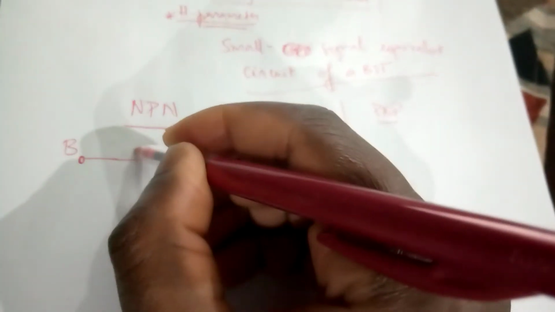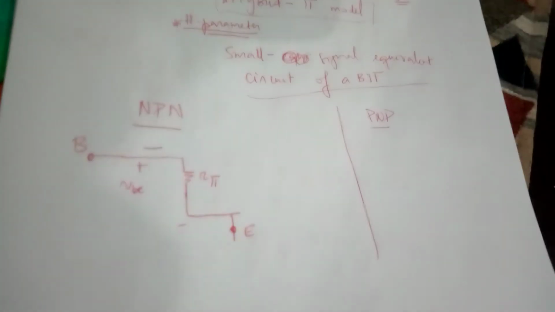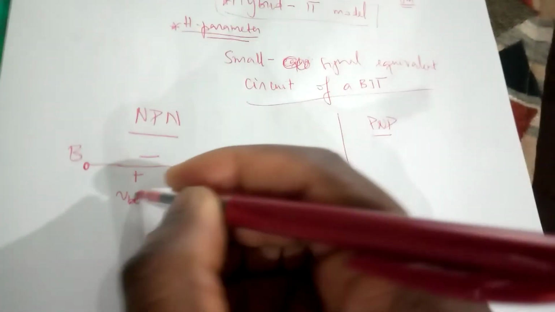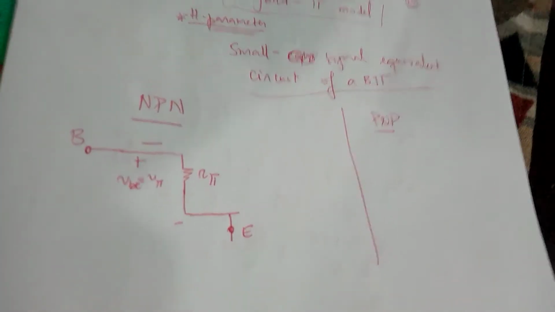R pi is caused by the following. We know that for us to achieve amplification, we have to apply a small AC voltage VBE, that in R pi model, and this is a new notation I'm introducing now, we're gonna be calling also V pi. So when you see V pi, you must know it's the same as VBE.